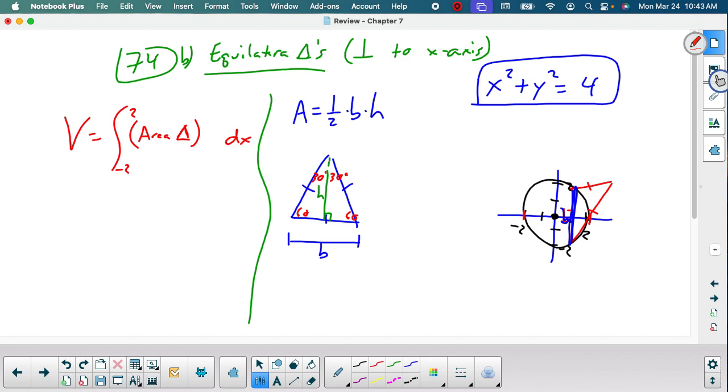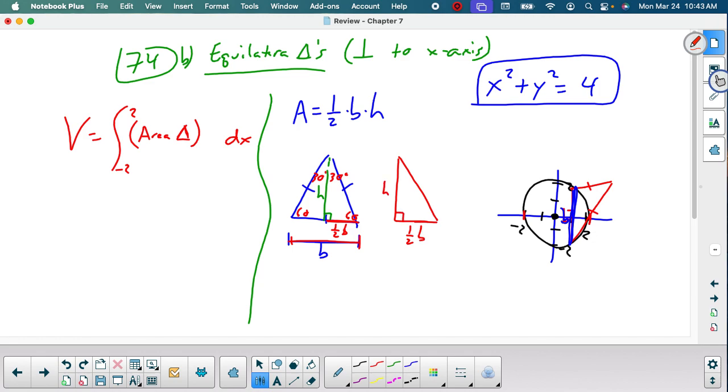And so now it's just this. If this whole thing is my base, all the way across here, what I would really want to look at is right there. I want half of my base for this, if I look at this 30, 60, 90 triangle. And so my rules for my 30, 60, 90 triangle, maybe I'll just draw this individually here. This is half of my base because it's half of the bottom of my triangle.